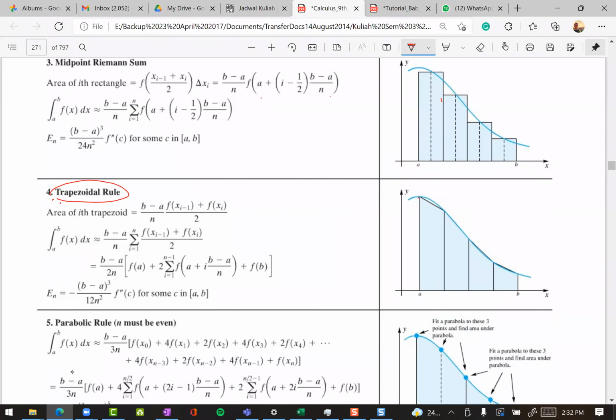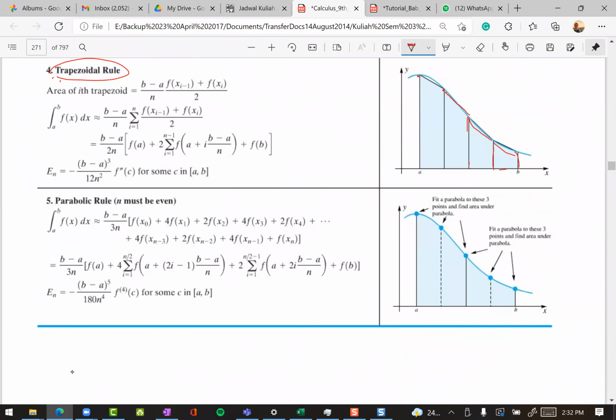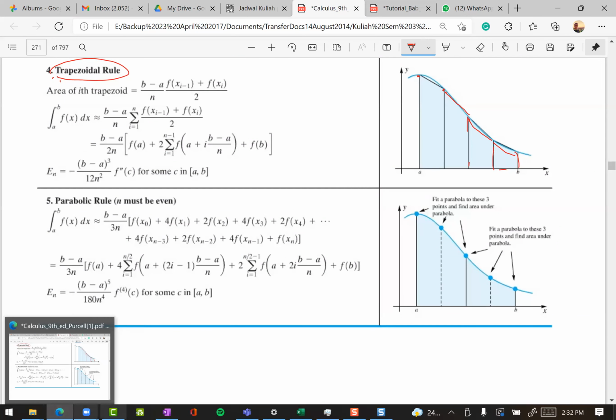The thing with a trapezoid is that it's not a rectangle, so you have this one instead. Okay, with the trapezoidal rule, we compute something that looks like this one.